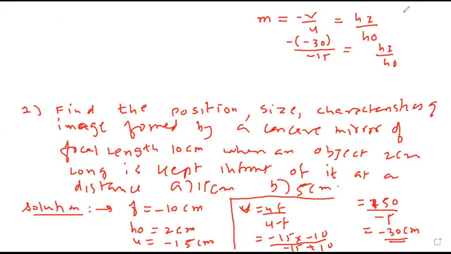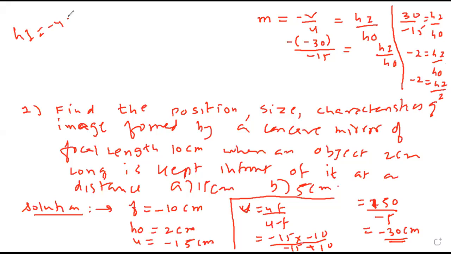That will become 30 upon minus 15, that is minus 2, height of image upon height of object. So minus 2, height of image we want, object is 2, right? Yes, sir. 2. So what is height of image? Minus 4. What does it mean?